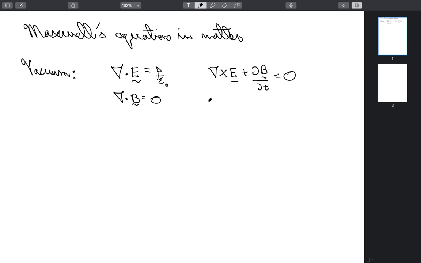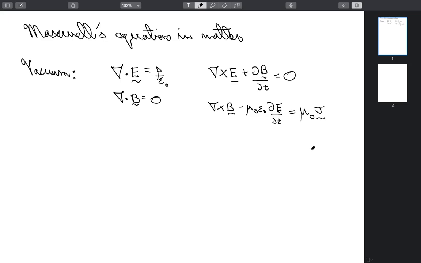And then we had that the curl of B minus mu 0 epsilon 0 dE dt, that was equal to mu 0 j.